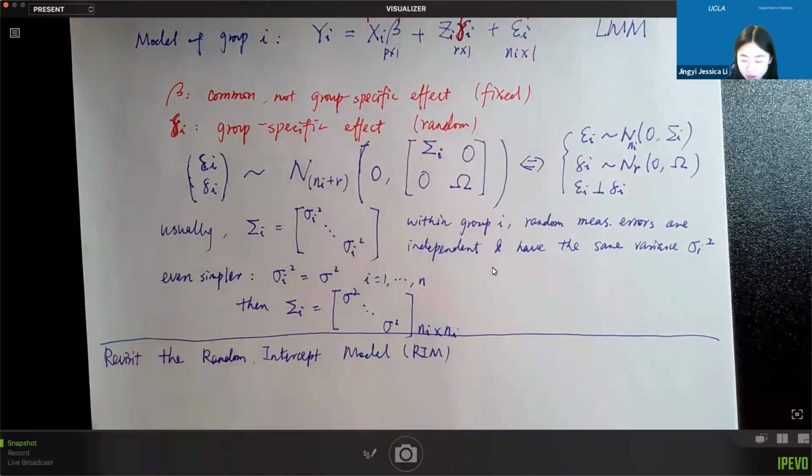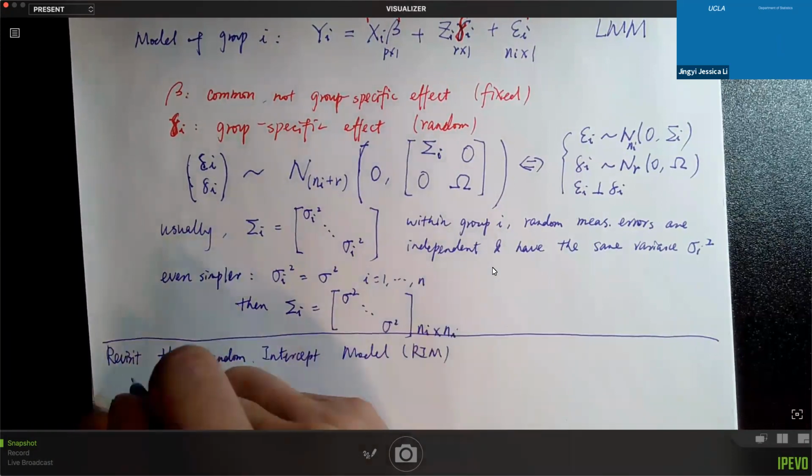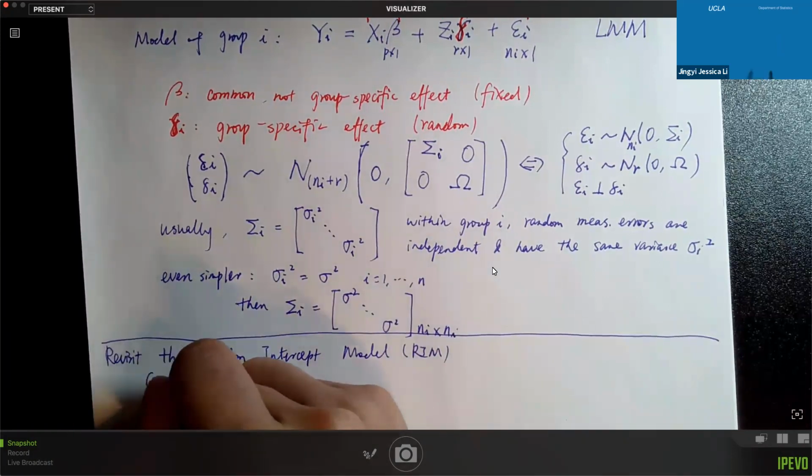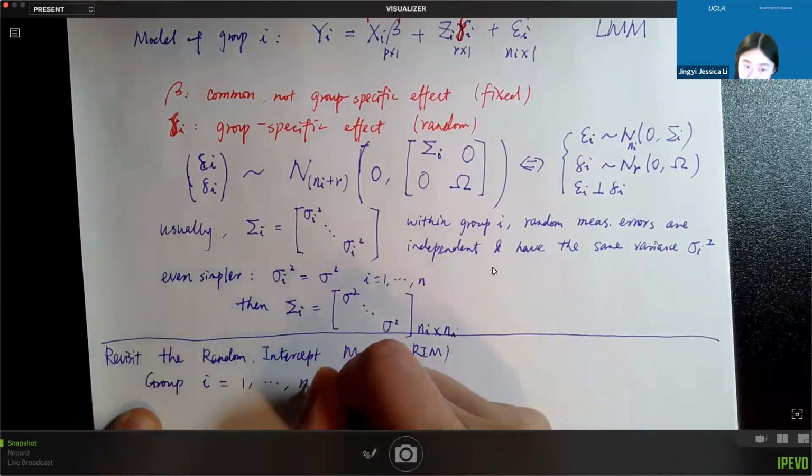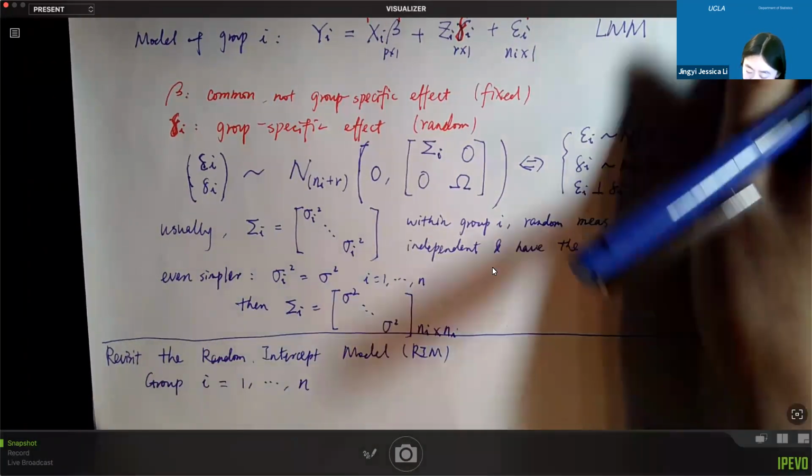So if we recall, based on our two ways of writing this, or two layers of writing this linear mixed effect model, what we could do is give you the notation again as a recap. So we have group i that goes from 1 to n. We have a total of n groups.